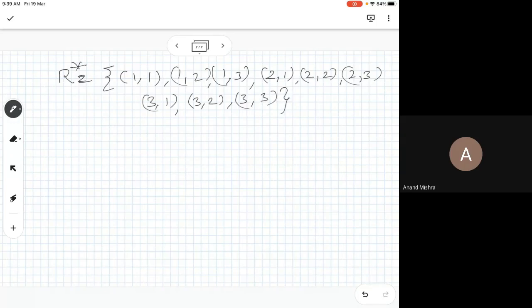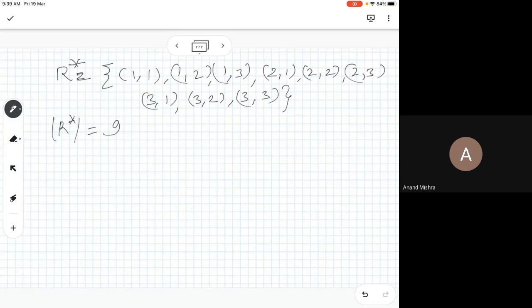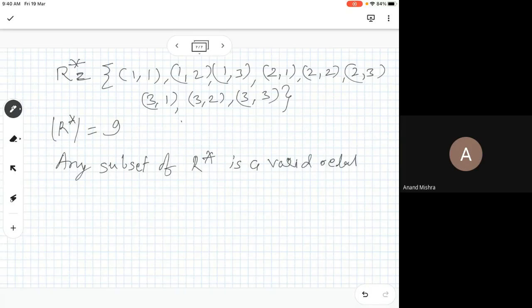It has cardinality how much? 9, right? So R star has cardinality 9. Any subset of R star is a valid relation over A, right? And how many subsets are possible? 2 to the power 9.